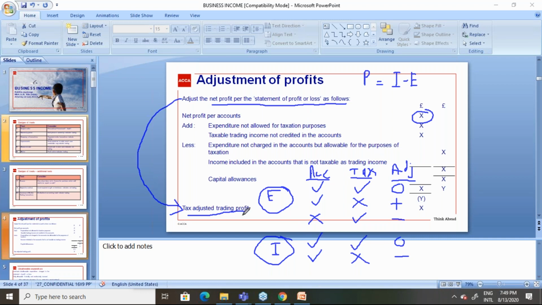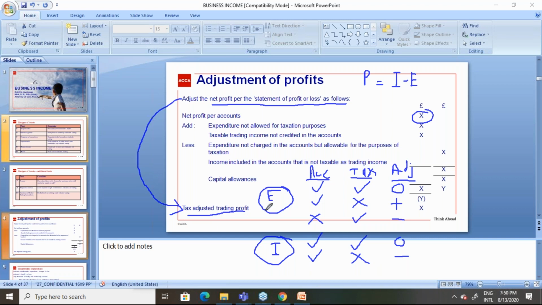But when you're calculating the tax-adjusted trading profit, profit on disposal of an asset is not a taxable profit, because profit on disposal is calculated using accounting principles. On the other hand, rent income, interest income, and dividend income are taxable, but they cannot be taxed under the heading trading profit.